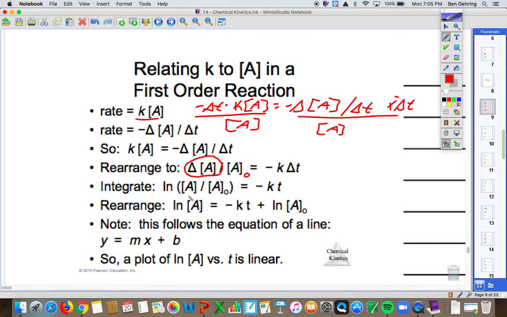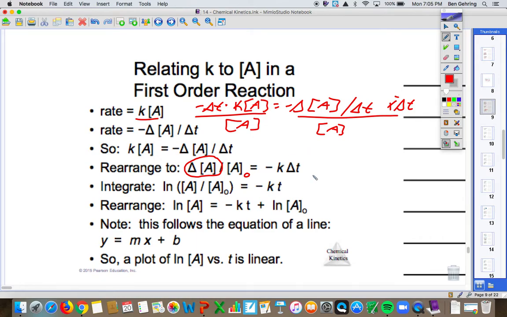So you're going to take the natural log of your current concentration divided by your initial concentration. So basically we're looking for a percentage. What percentage of my initial concentration do I have left? What you have left divided by what you started with is your percentage. So the natural log of your percentage equals negative kt.